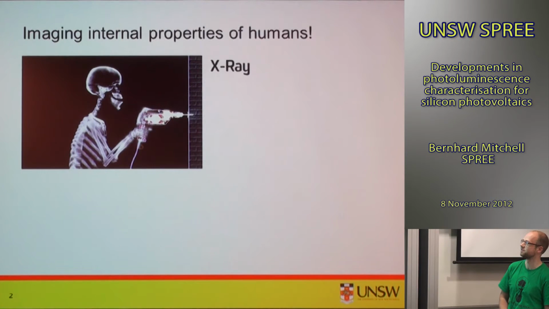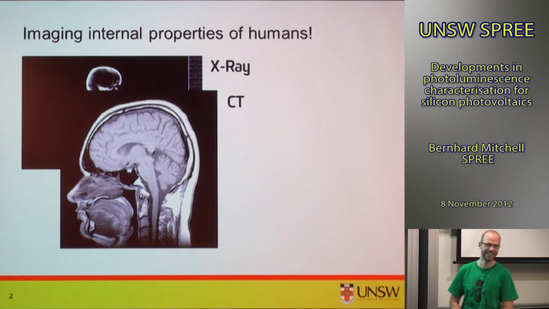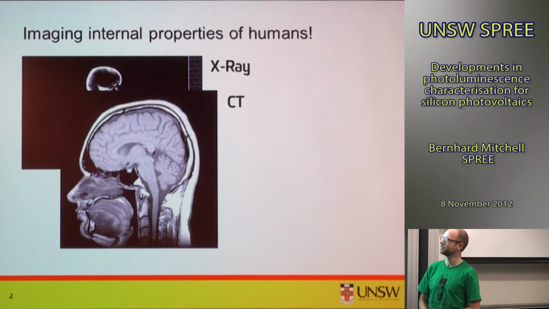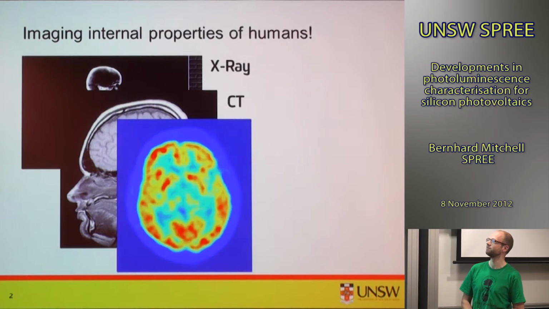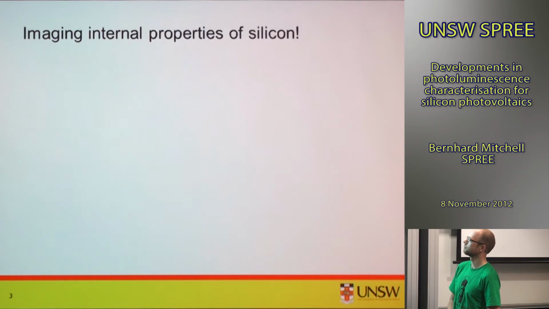That's an X-ray image. This one? No, it's actually a CT image. But the MRI is very similar. And this one? That's right, so it's a PET CT image. So we get the human properties inside out and can image them.